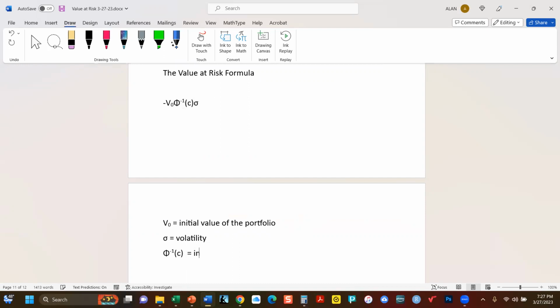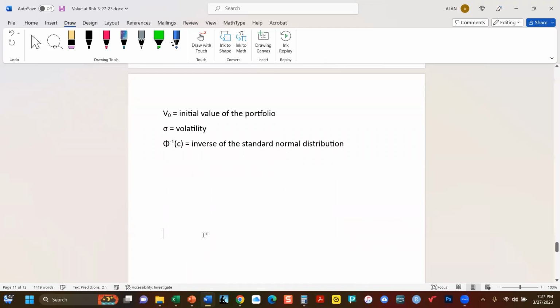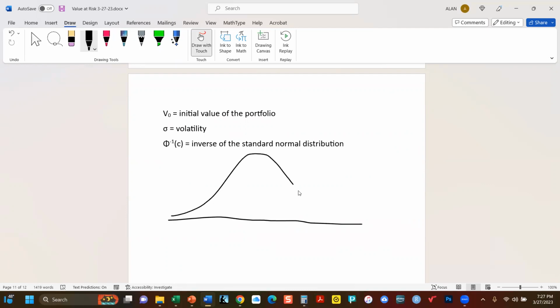This is the inverse of the standard normal distribution. So in other words, here's what we're all about. Here's our standard normal, and imagine we are looking for the left 5% tail of this distribution.